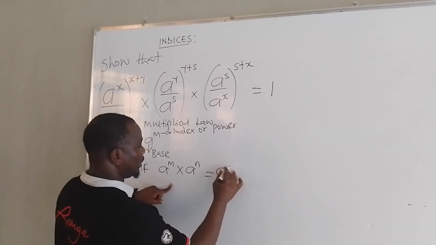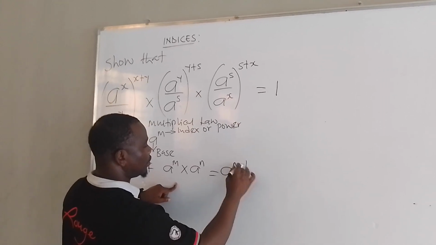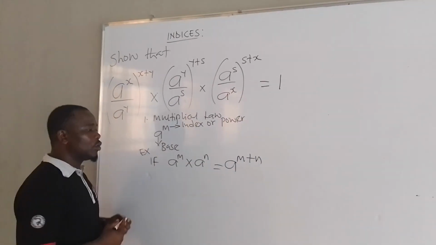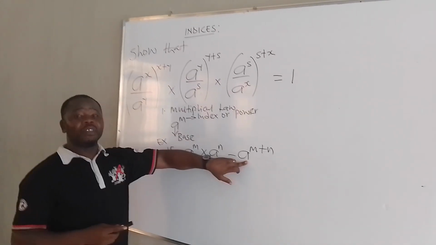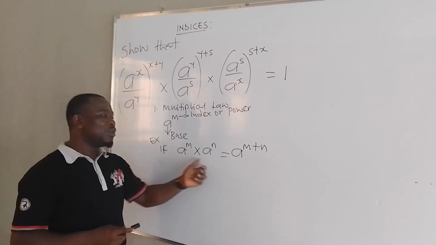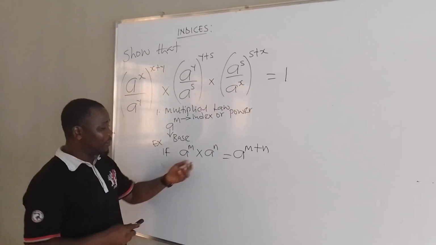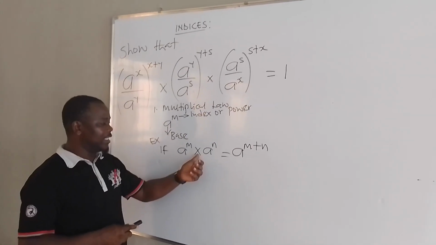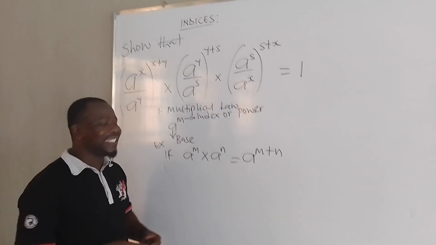That is to say a raised to the powers of m plus n. So if the bases are the same in indices, and the operation here is multiplication, you add the powers.